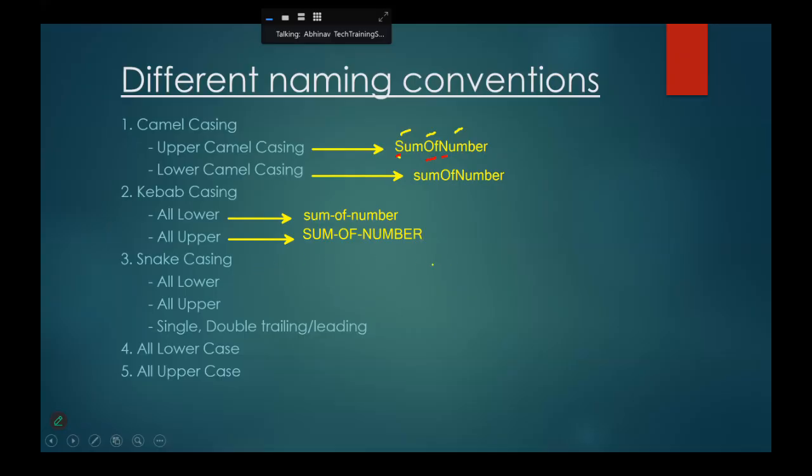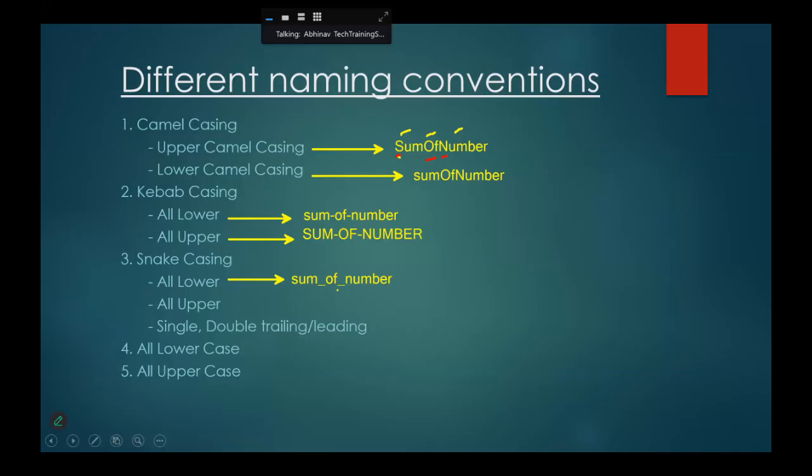Now talking about snake casing. If you just imagine a snake slithering over the floor, it is every time on the floor, right? Using that concept, when we talk about all lower snake casing, we combine the words with underscores: sum_of_number.